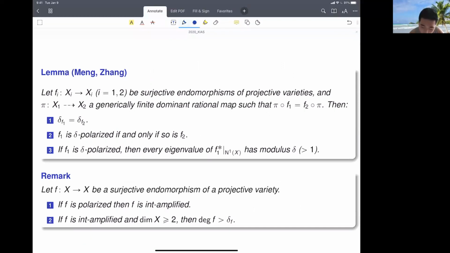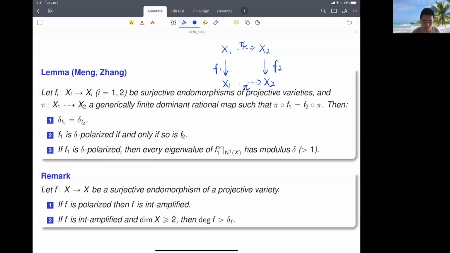This means X1 to X2, with F1 and F2 on the sides. We have this commutative diagram. Then in this case, F1 and F2 have the same dynamical degree, delta F1 equals delta F2. And F1 is delta-polarized if and only if so is F2.